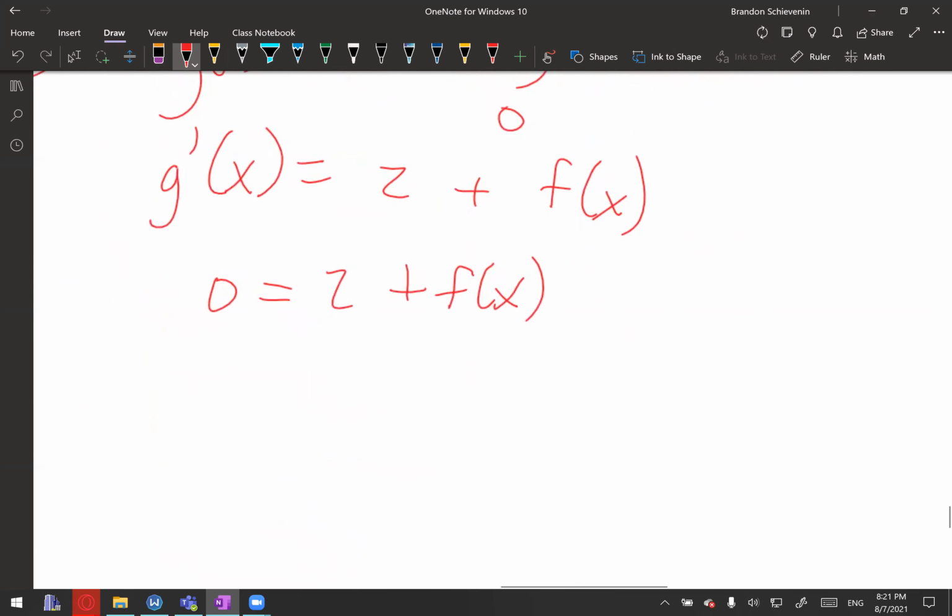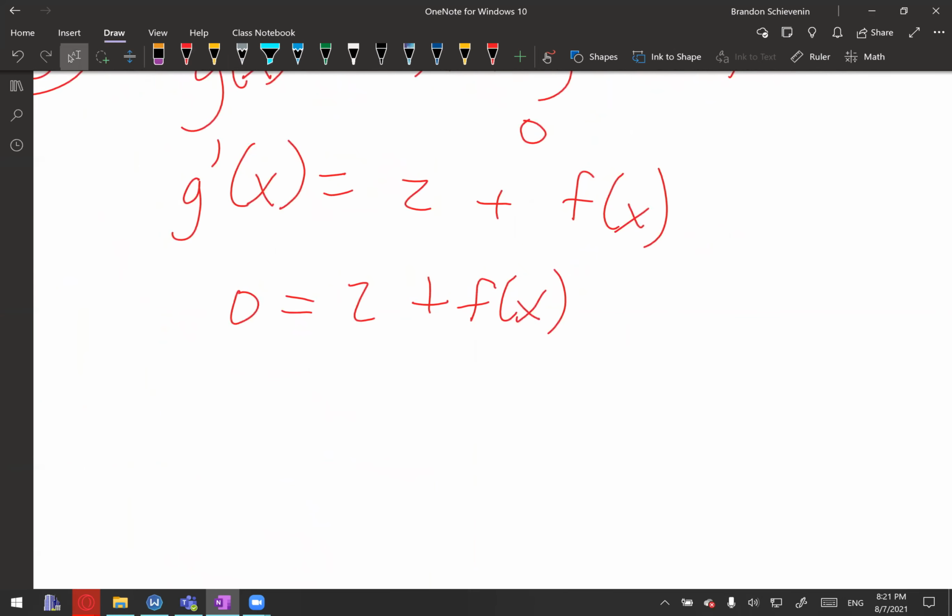Okay, Nani, back to you. I've got 0 is equal to 2 plus f of x. So how would I know when g prime is supposed to be equal to 0?